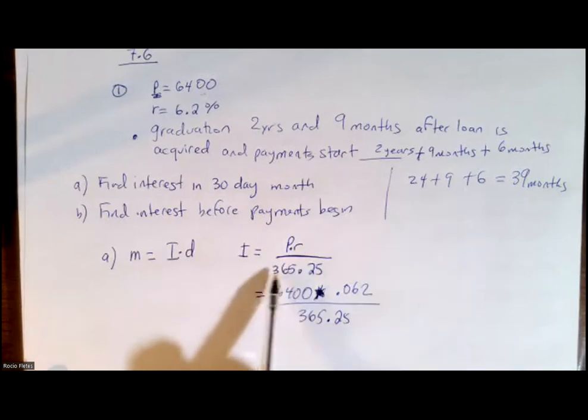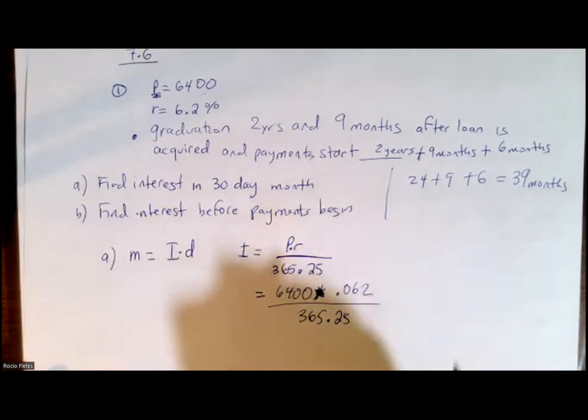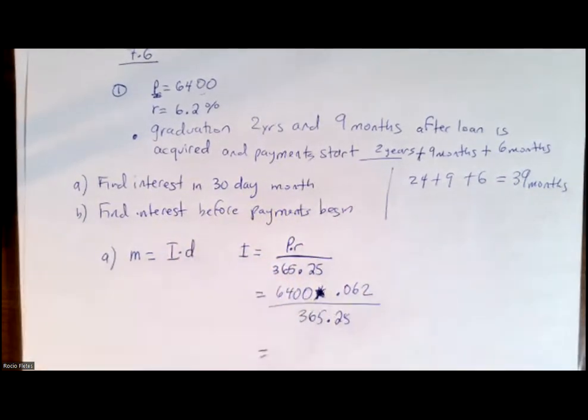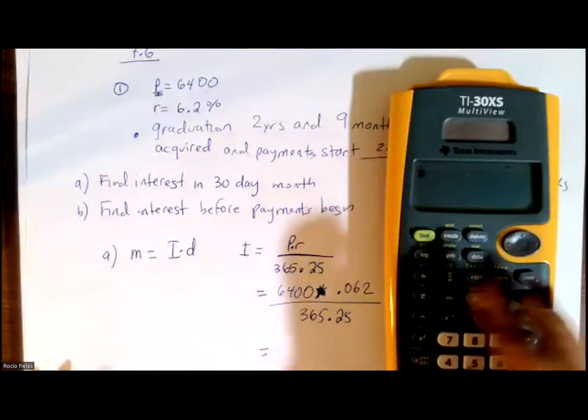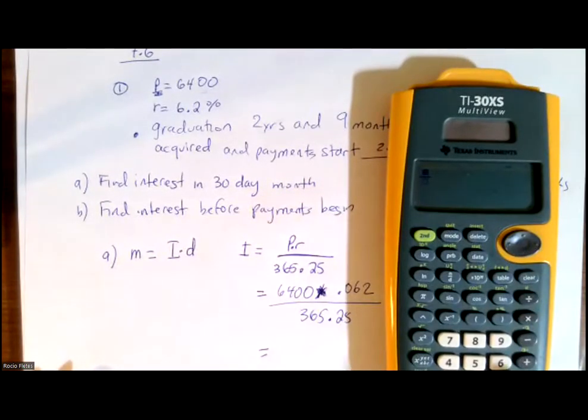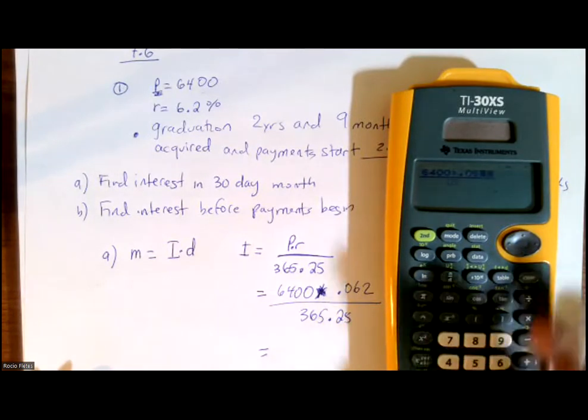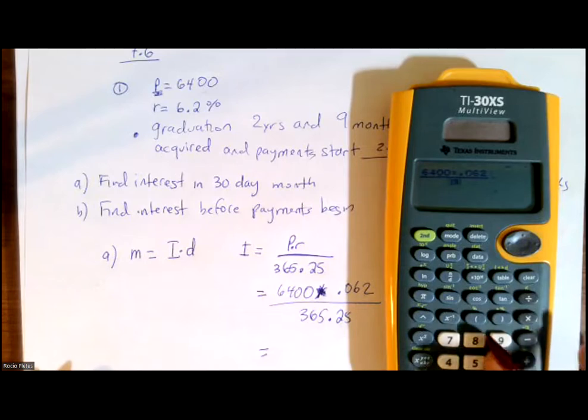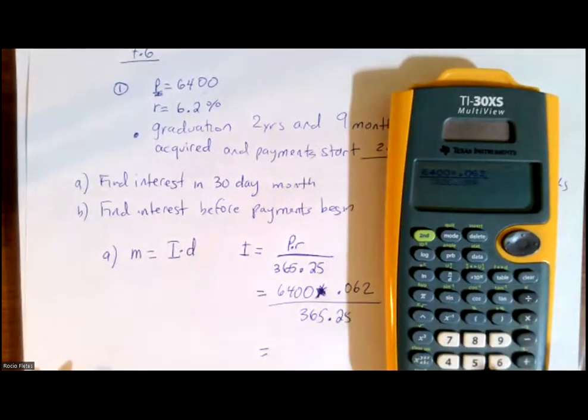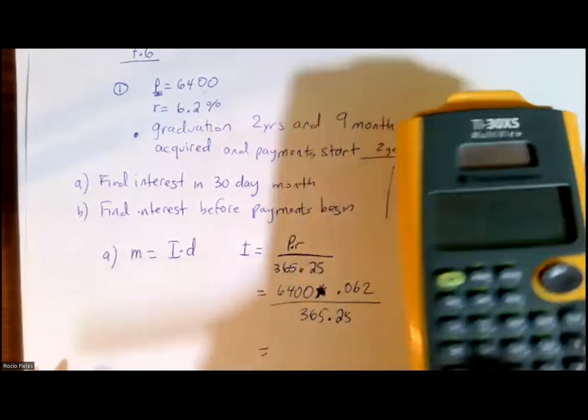So P times R divided by this number gives me I. If you have a calculator, you can do it all in one fraction: 6,400 times 0.062 divided by 365.25. It's going to give you this number here.